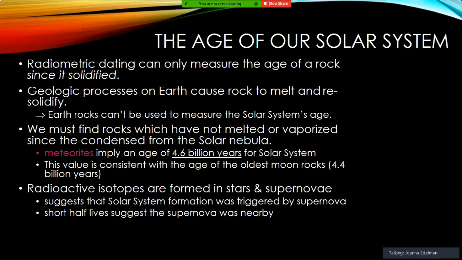Knowing those proportions, we can figure out the age of the sample we're holding. And consistently, all those materials come back as having the age of 4.6 billion years old. So that's the age of our solar system that has been agreed upon by many scientists. It is the well-established age of our solar system right now.